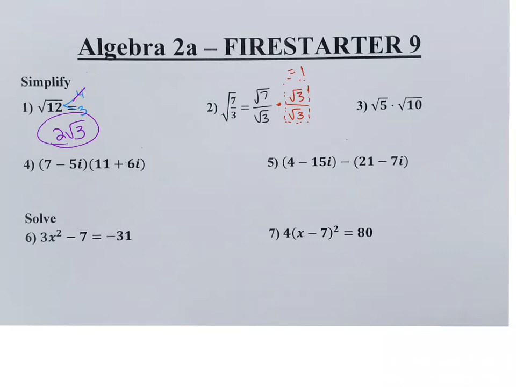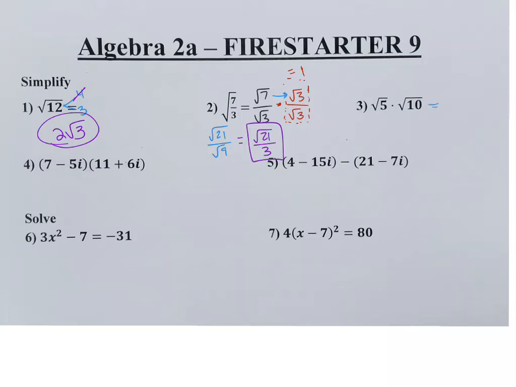I multiply across the top, I get radical 21. I multiply across the bottom, I get radical 9. So my best answer: 21 cannot be broken down, 9 can be broken down. Remember, 21 cannot be multiplied by or divided by 3 because 21 is in jail and 3 is not in jail.